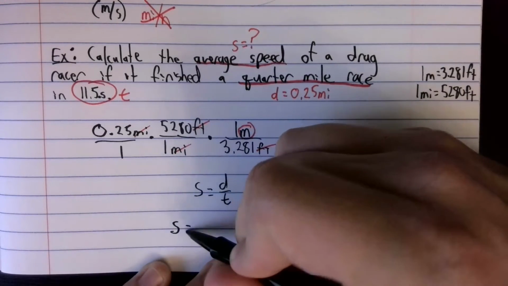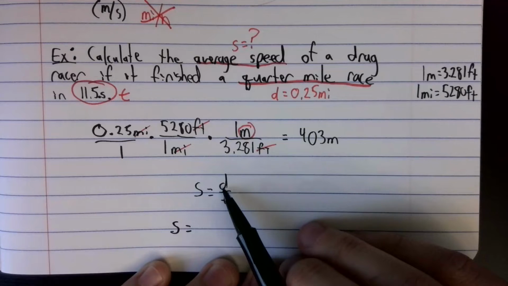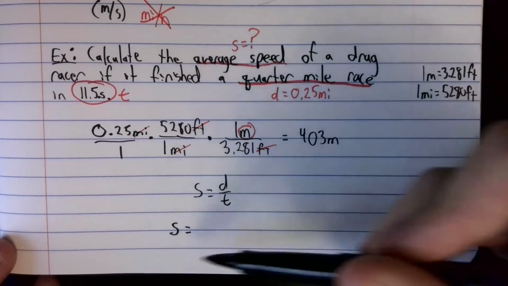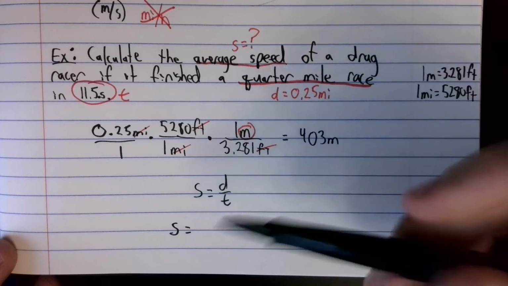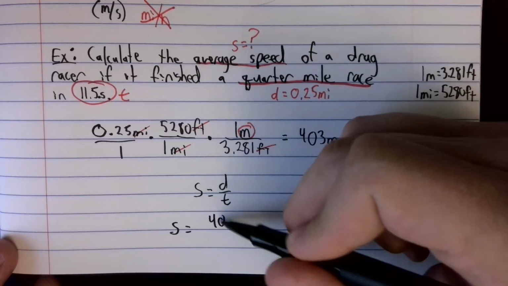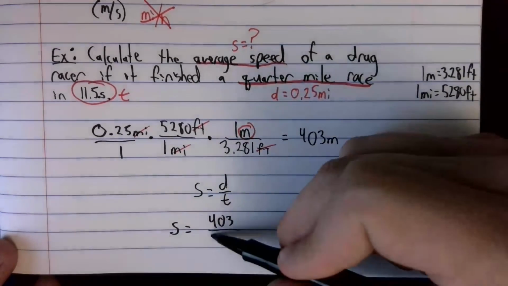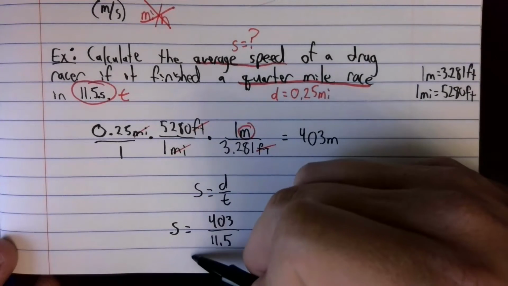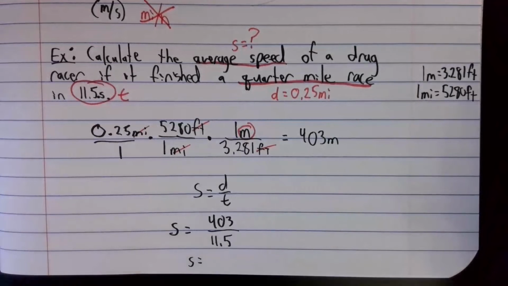All right. It's good to write down the equation, and as you plug in numbers, rewrite the whole equation underneath. S equals 403 over 11.5. And I'll have my answer. I have here written 35 meters per second, but let's make sure.